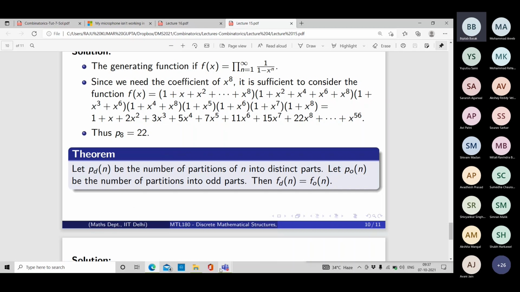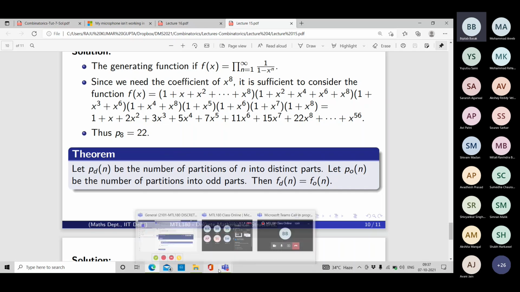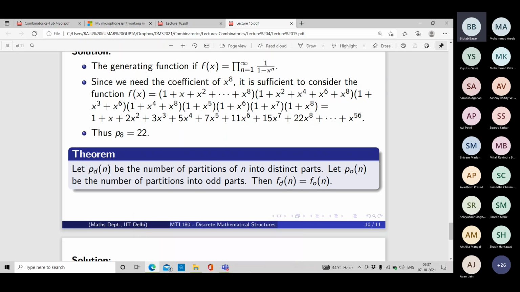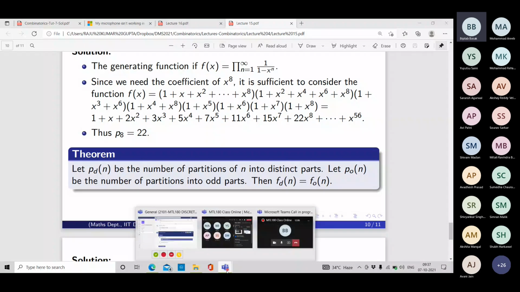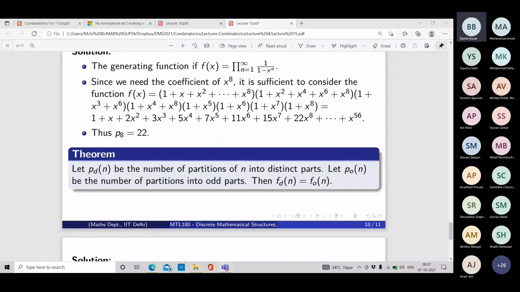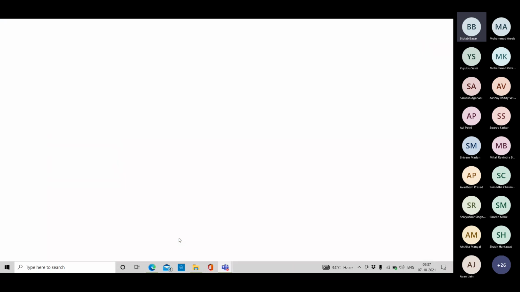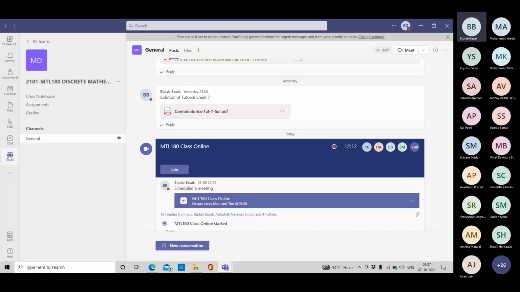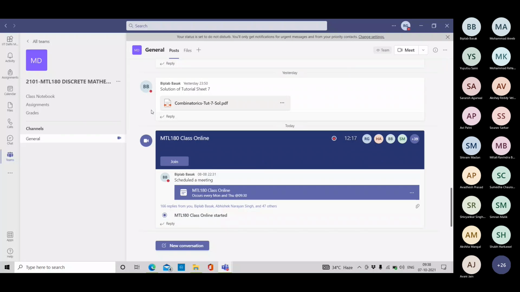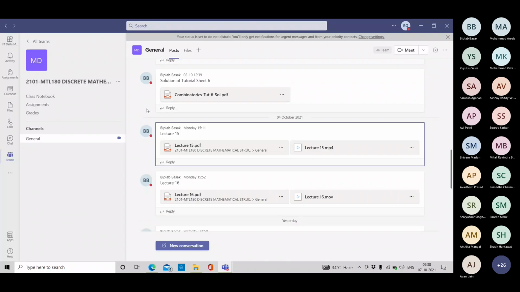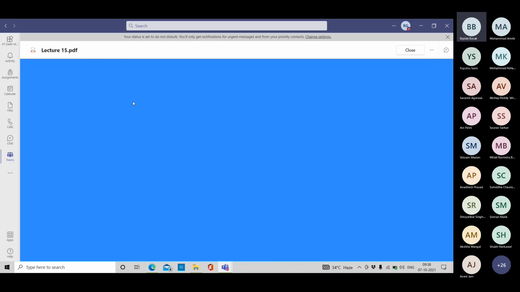So here there is a typo. It is not FD, it is PD. I think I did not correct it.